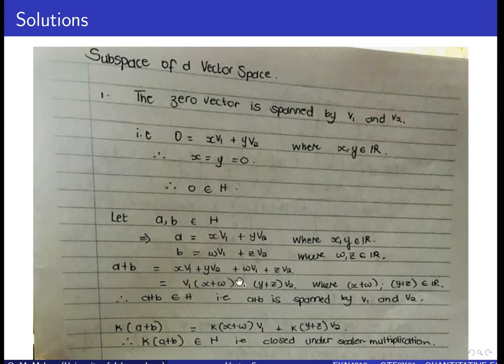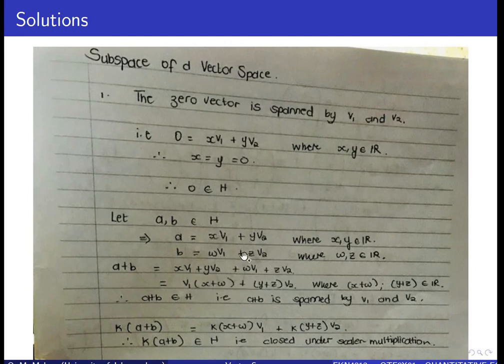I add a plus b. a is x v1 plus y v2. b is w v1 plus z v2, right? And then I take out a common factor, which is v1 in this case, v1 times x plus w. Remember, x and w are scalars. I add two scalars, I get a scalar.